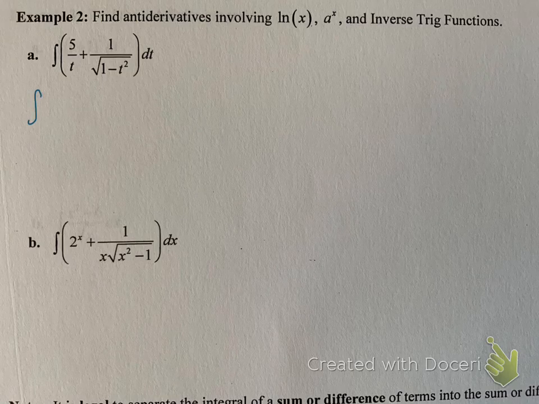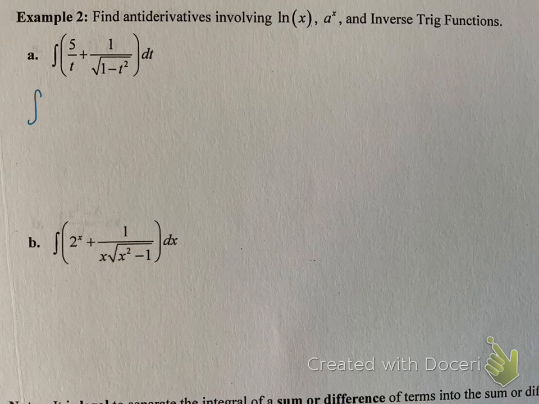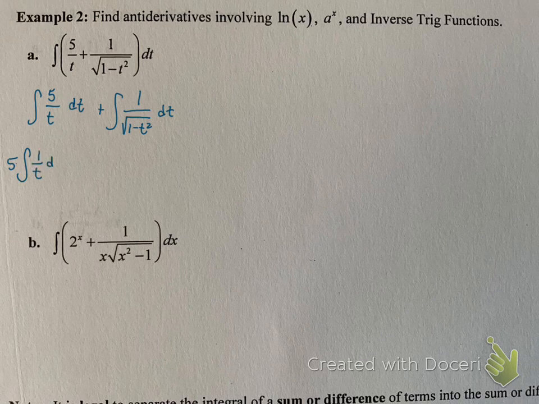So you can do the integration of 5 over t dt plus the integration of 1 over the square root of 1 minus t squared dt. So you may be tempted to say, okay, I'm just going to rewrite this as 5, kick the 5 out, and then rewrite this as 1 over t dt. And that's exactly what I would do.